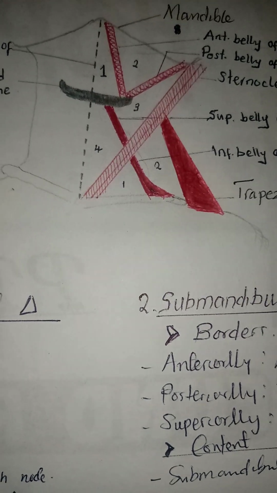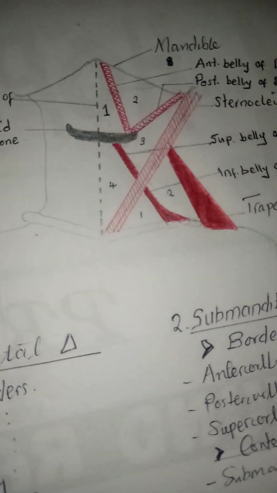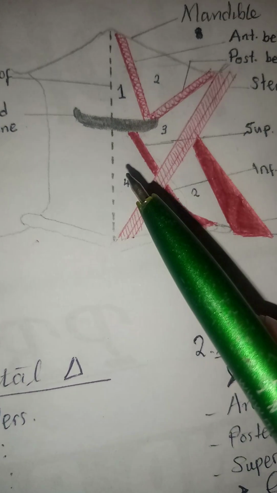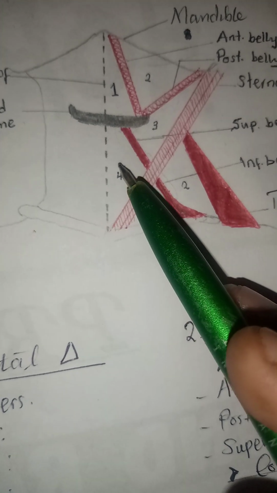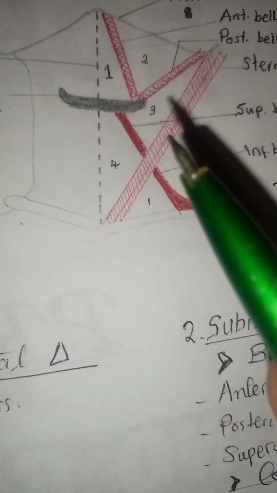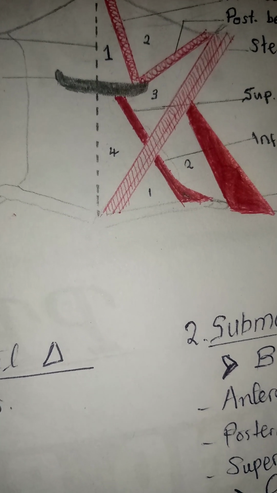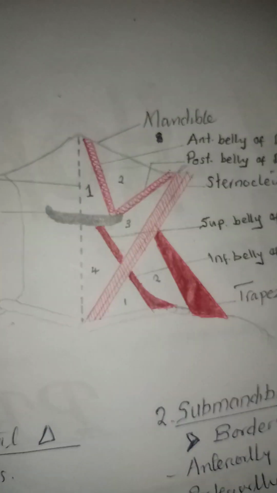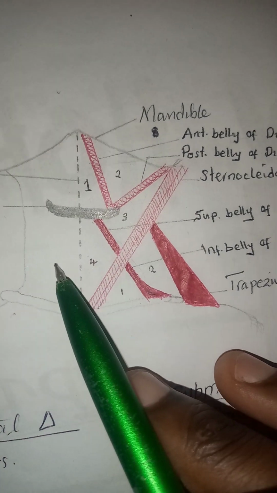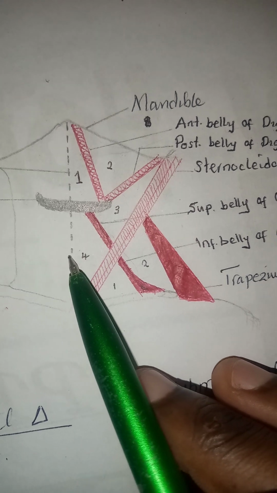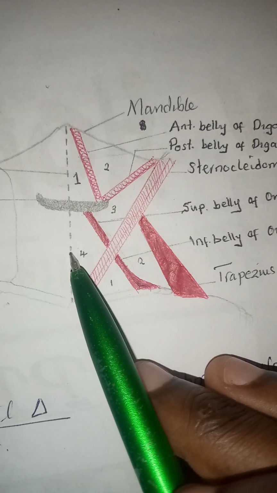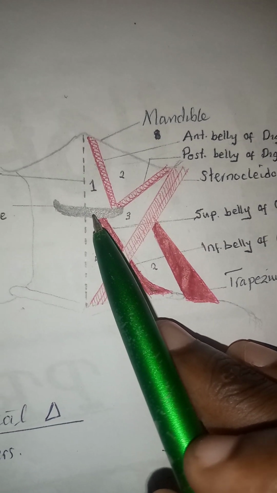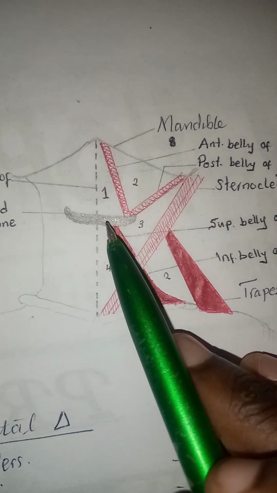Let's go to the next one. Number 4, this is called the muscular triangle. What are the borders? On the middle aspect you have the midline of the neck, and the superior aspect is the hyoid bone.